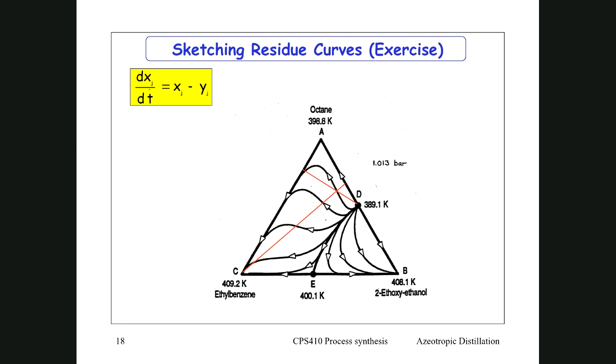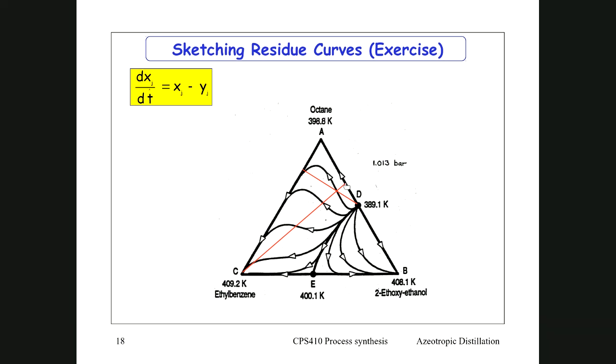So if we have a distillation column that makes pure C, the least volatile component, then we're going to make something that has the composition represented. That'll make the composition there on the distillate side of the distillation column.